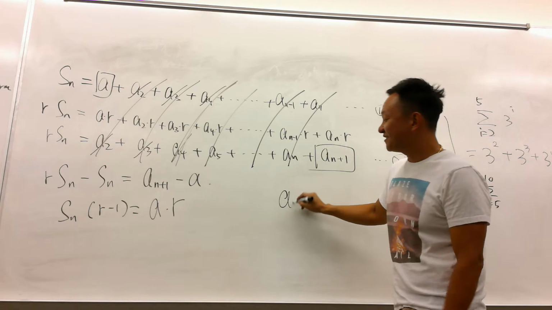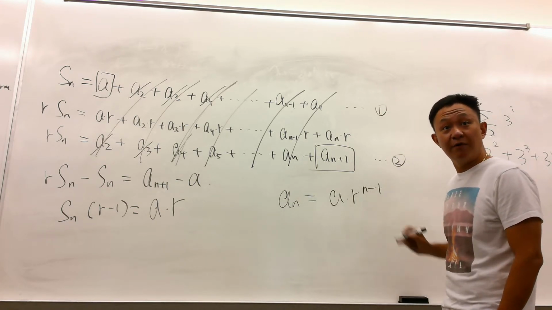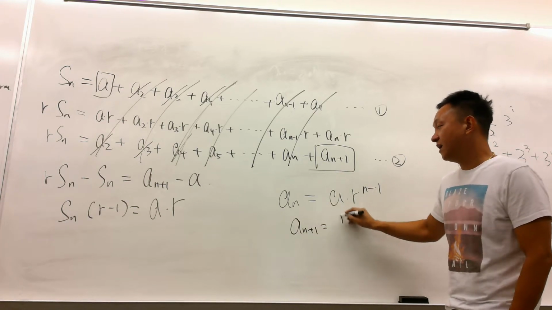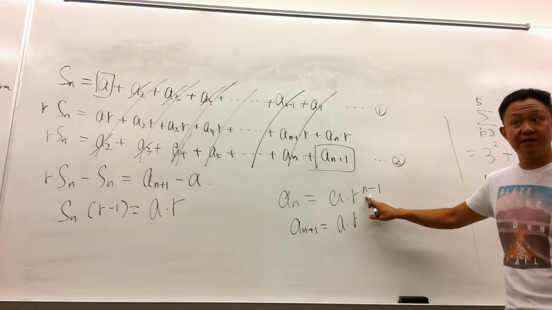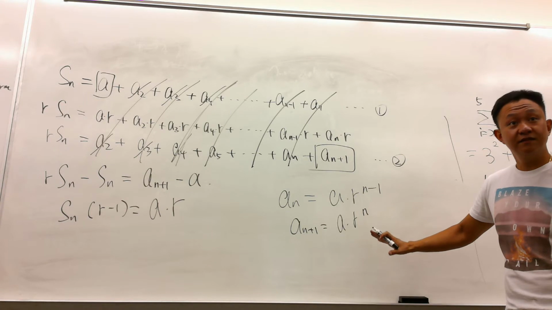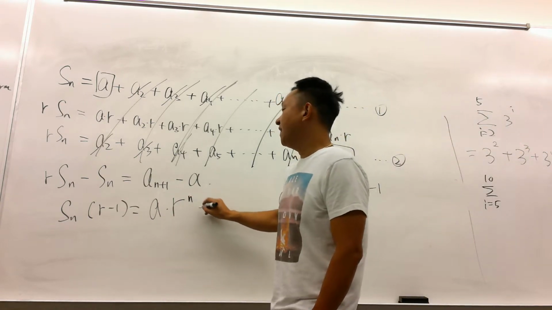Guys, a sub n equals what? A times r to the n minus 1. Am I right? So a sub n plus 1 is a times r, with n replaced by n plus 1, and n plus 1 subtract 1 gives you n. That's it, right? So what we're going to get is a times r to the power of n, and then subtract a.